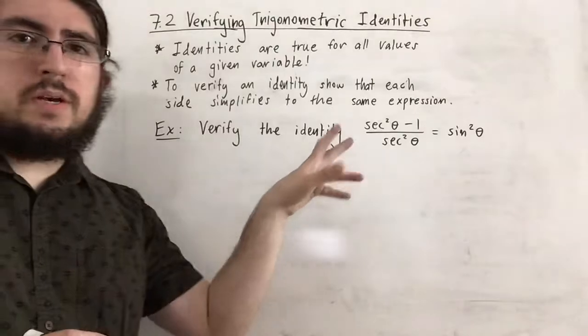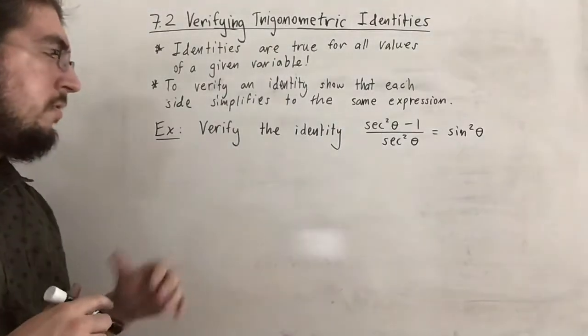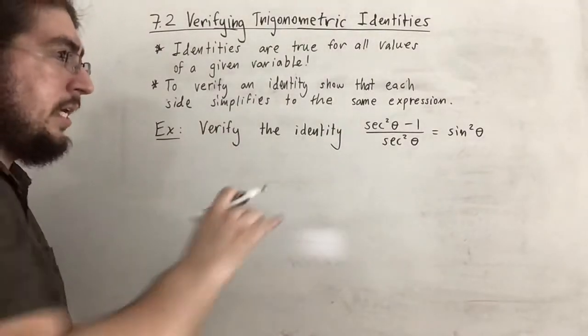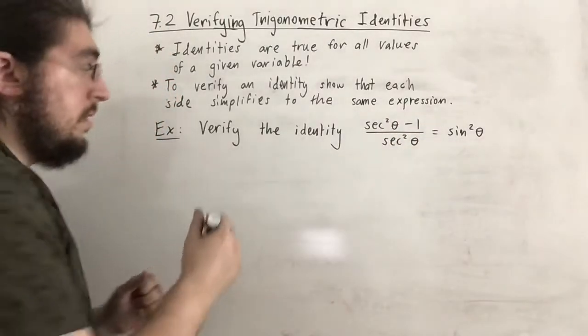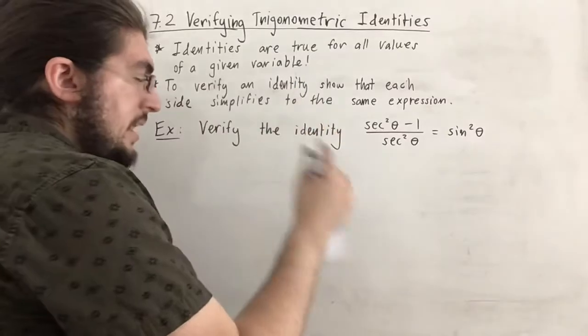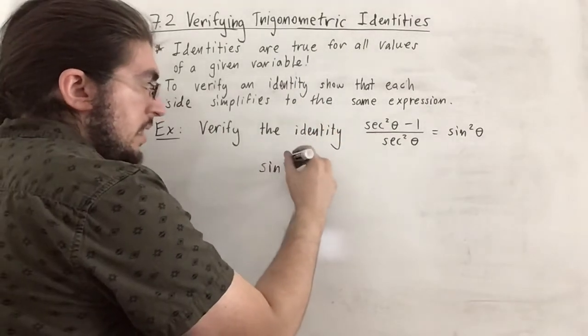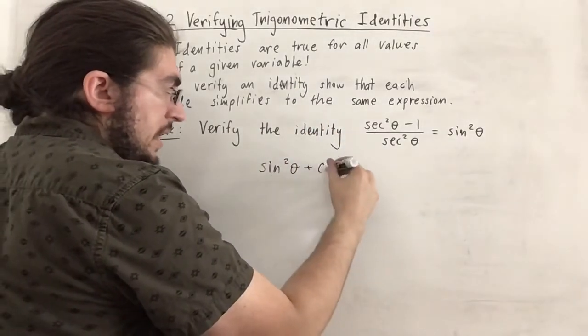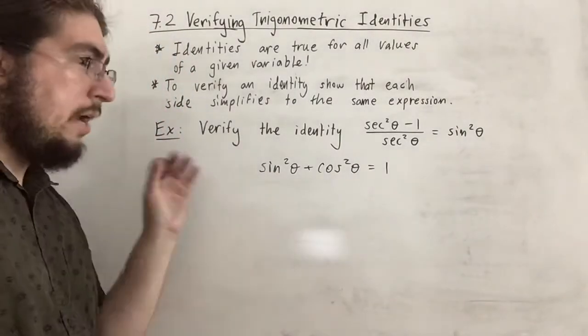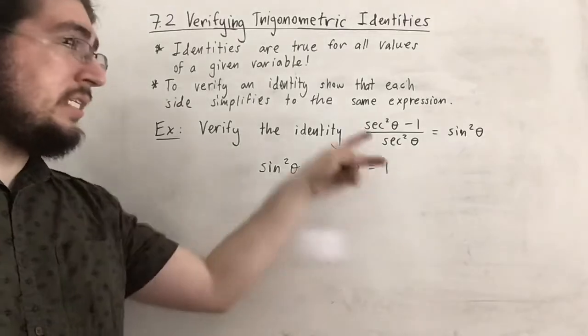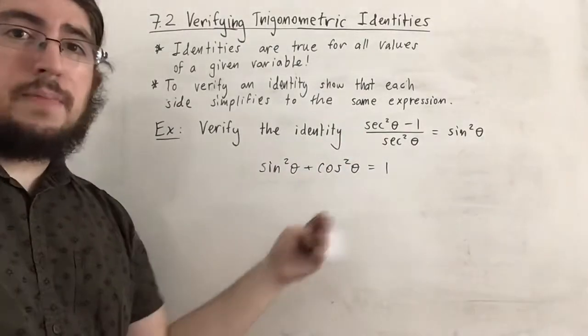Now, I'm going to do this two different ways. The first way I'm going to show you is by using the identity secant squared minus 1 is equal to tangent squared. Now, that identity actually comes from this identity. So remember that when you have a Pythagorean identity, you can manipulate it. One way I showed you to get secant involved is to divide by whatever you need.